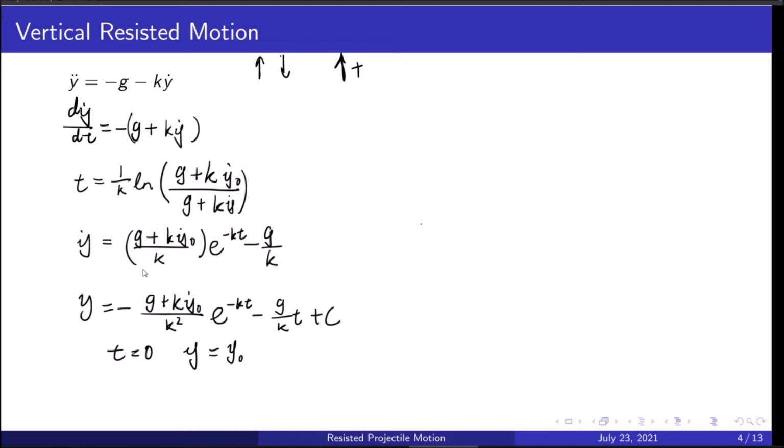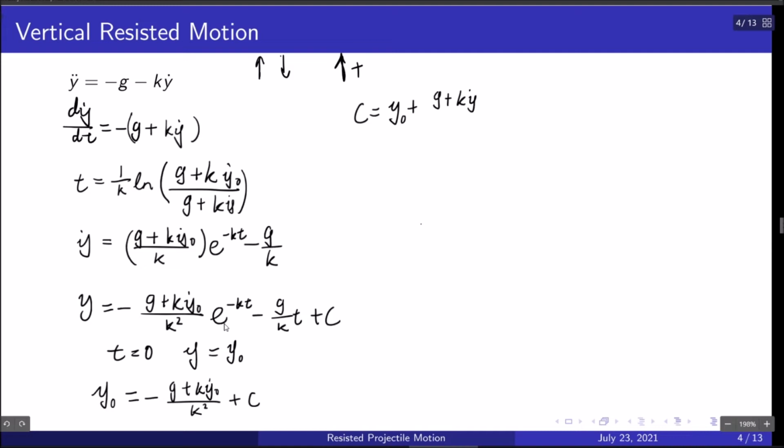Okay, yeah, if we work this out, we'll see that this portion disappears, so e disappears, and then we can write y naught equals negative g plus ky dot naught over k squared plus c. Okay, so obviously c equals y naught plus g plus ky dot naught over k squared.